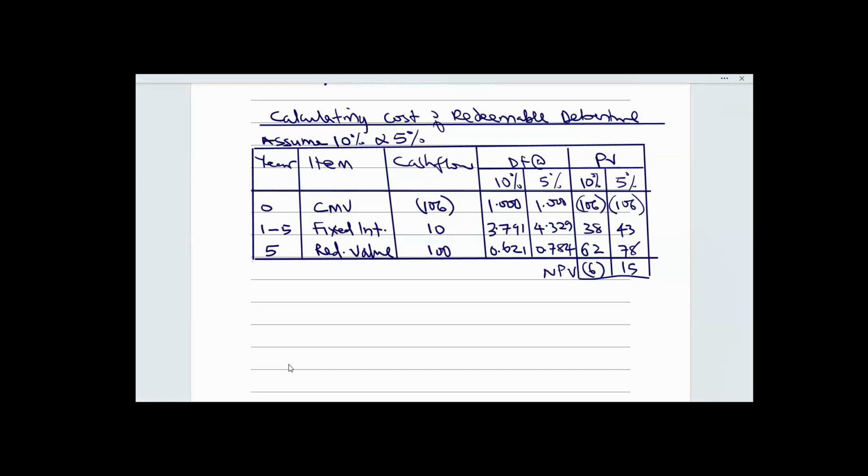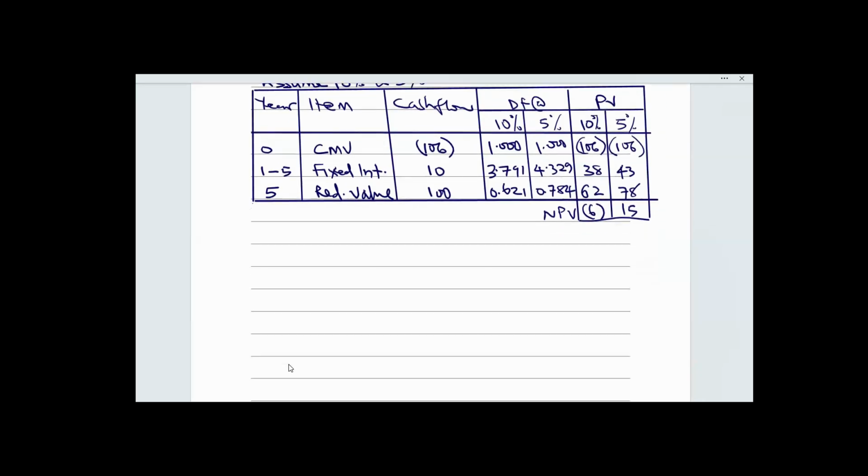Now that you have two opposing NPV, we can then proceed to calculate the cost of redeemable debenture, that is internal rate of return.